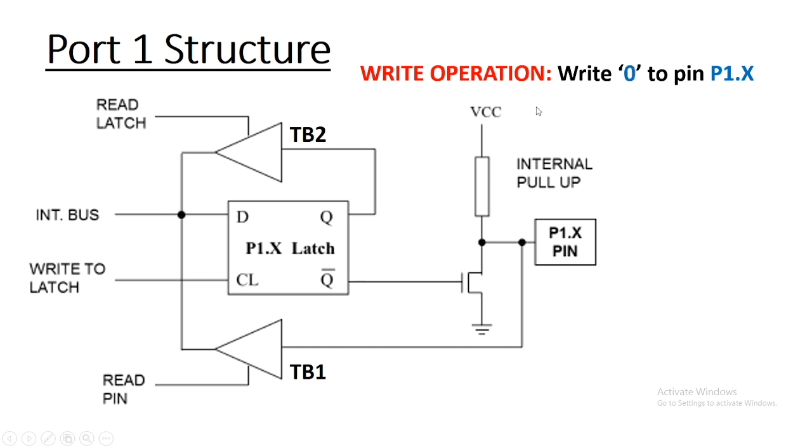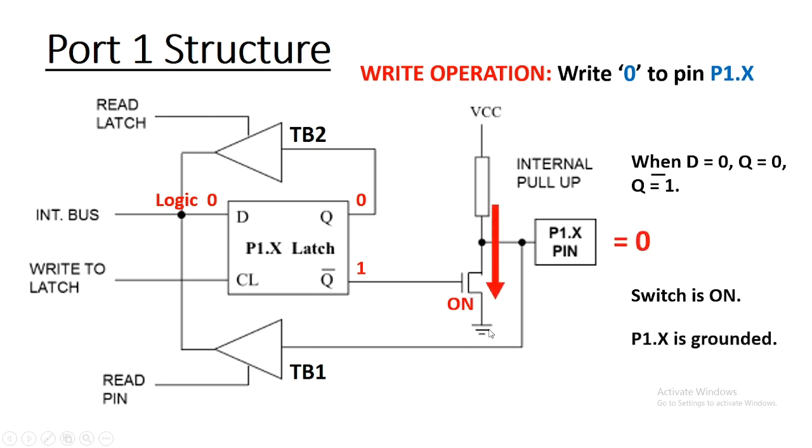What happens when we write logic 0 to any pin of port 1? When we apply logic 0, Q is 0 and Q bar is 1, and that's why this FET is on. This FET is acting as a switch here, and that switch is on, and that's why the port pin is connected to ground.